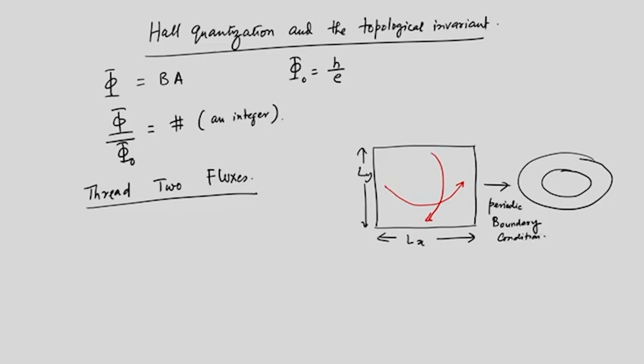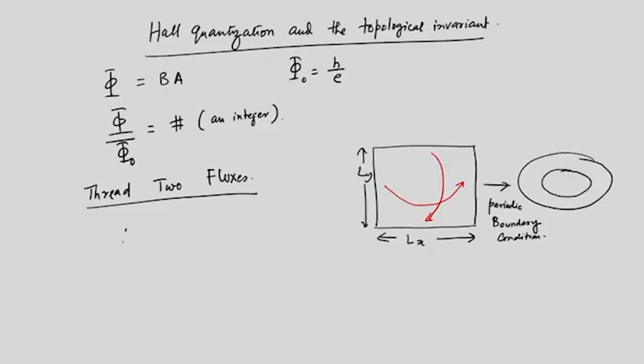Now, the way we are following this derivation is very typical and only used in a few places; particularly you can see this article by David Tong, he does that. But originally it has been done in a different way, which appears in the paper by TKNN, Thouless, Kohmoto, Nightingale and den Nijs. So, what do we mean by threading two fluxes?